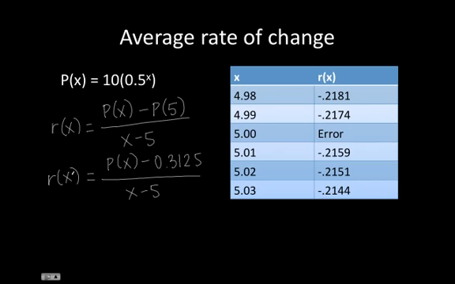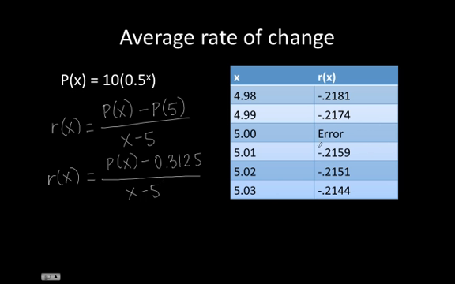So I plugged in all this stuff in a calculator. Notice how there's an error here, because if you plugged in 5 for x, we would have 5 minus 5, which equals 0, and we have learned for many years that you cannot divide by 0, so that is why we have this error message.